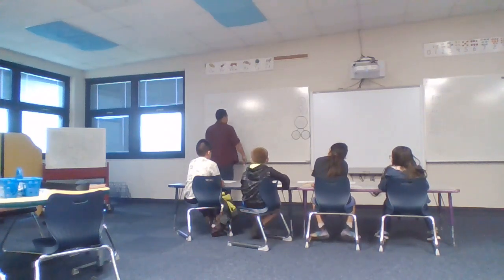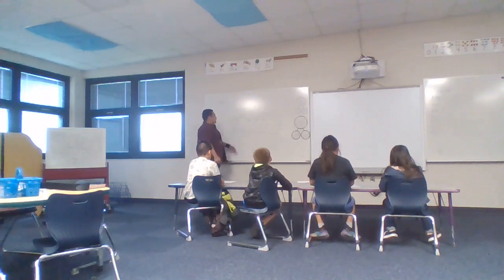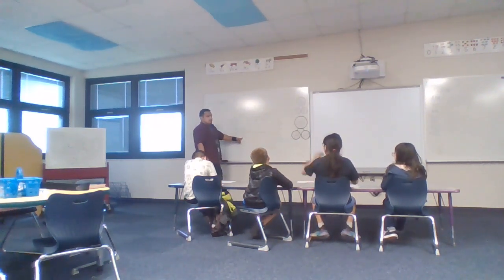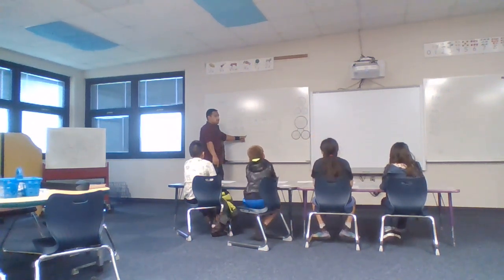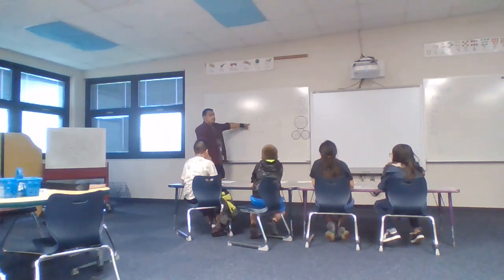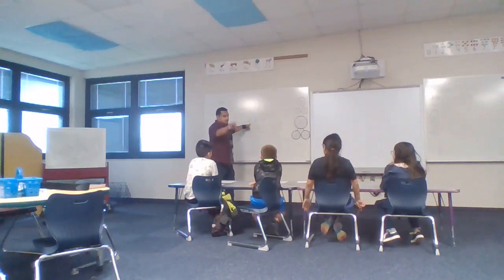Let's say I need a top number and bottom number. How many places do you see me use? One. One place, right? So if I go up here and I look at one place, what number am I going to use? 10. Yes, 10.